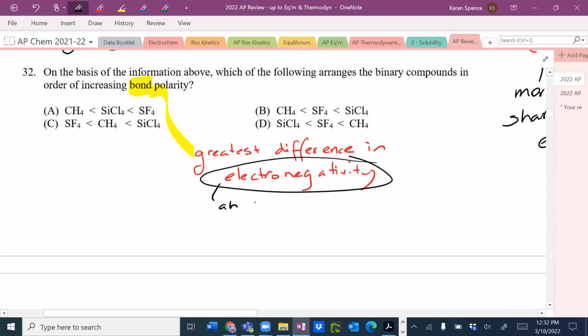Ability to pull bonding electrons towards itself.